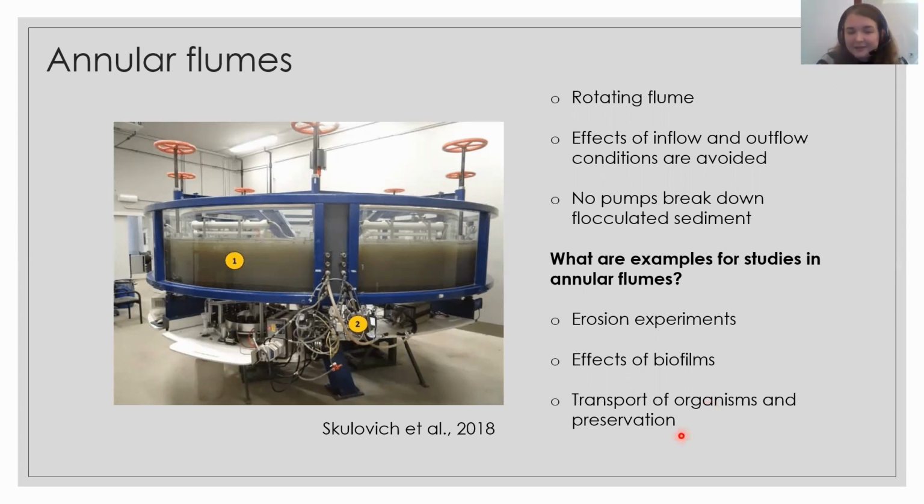And there has been this very well-known experiment where people have added worms to the annular flume and see what would have happened if they've been transported for several kilometers, because they wanted to know for the Burgess Shale if all the preserved fossils that we can see there would have been fossils that have actually been in situ living there, or if they could have been transported there as well.